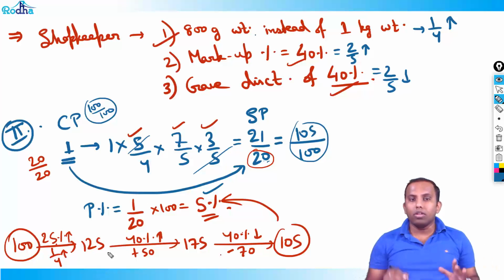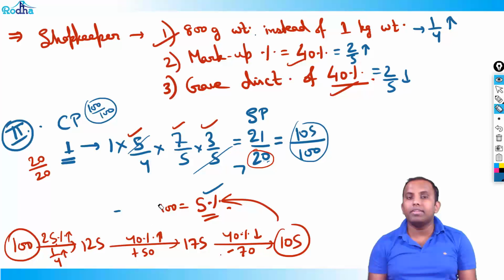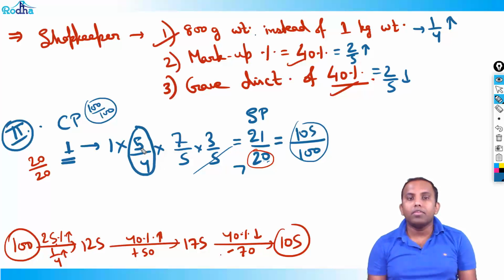Okay, so I hope all these concepts are very clear to you. Now you can sense it just by seeing these numbers here. Try to put some common sense here. As you have assumed CP as 1, what is 5 by 4?